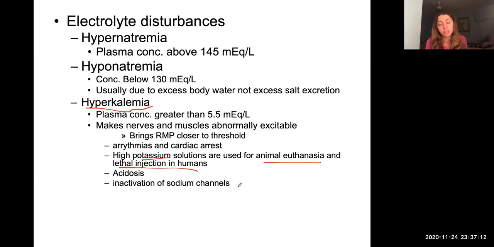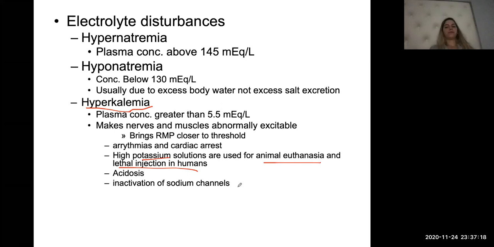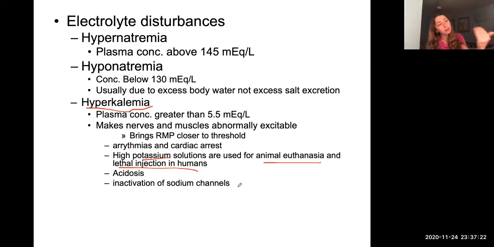And if it binds more potassium over time, this will cause hypokalemia, because there will be less potassium ions over time because they're being excreted.